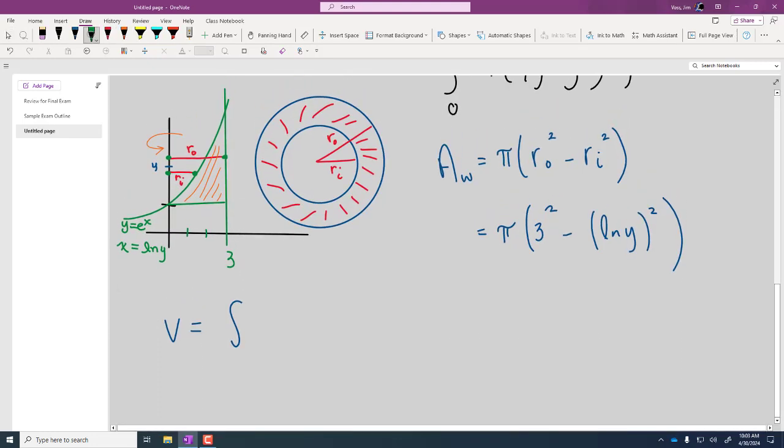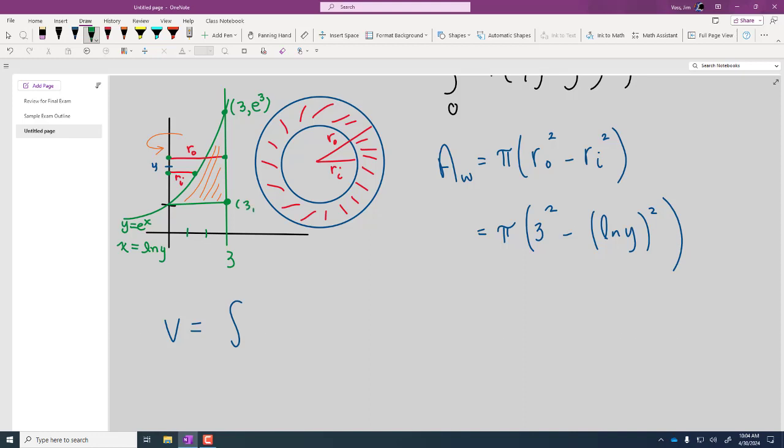So this intersection point up here, what is that y value? e cubed. This would be 3 comma e cubed. So we're going on the y-axis, not the x-axis. The y values for this curve are going to be from y equals e to the 3 down to this y value here, which is 1.